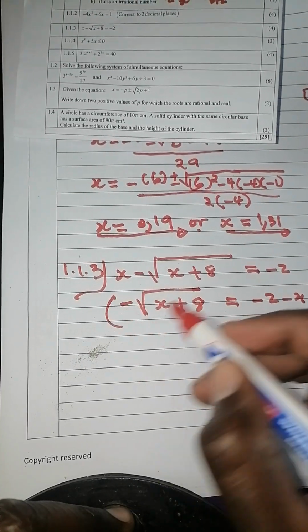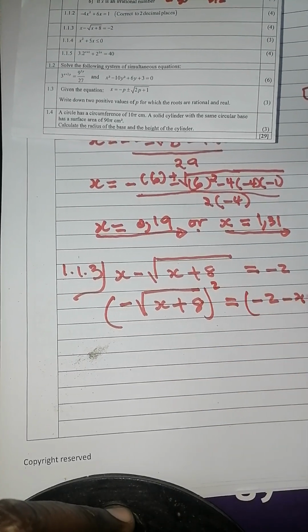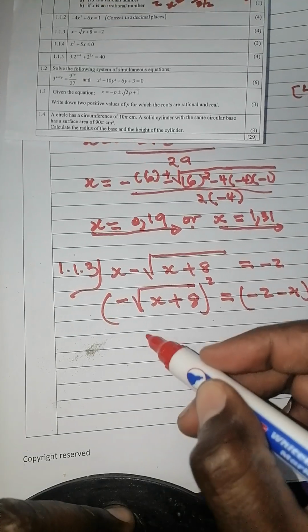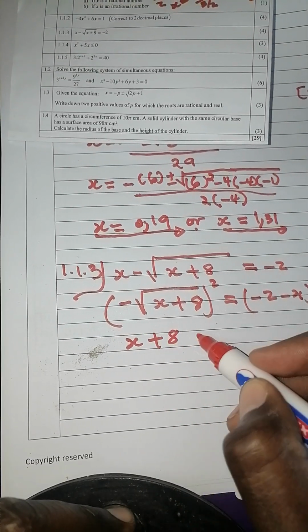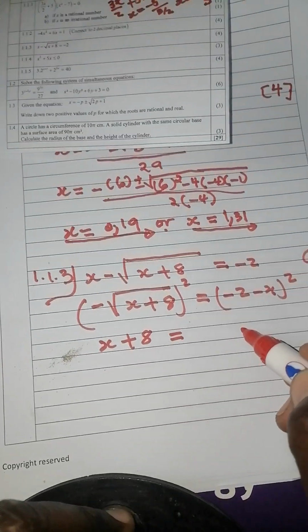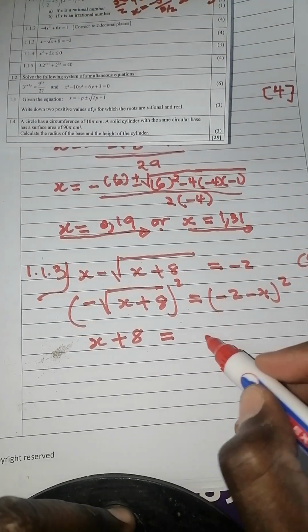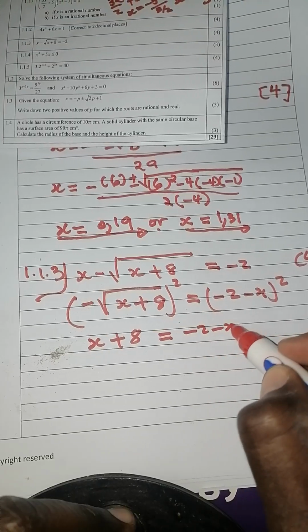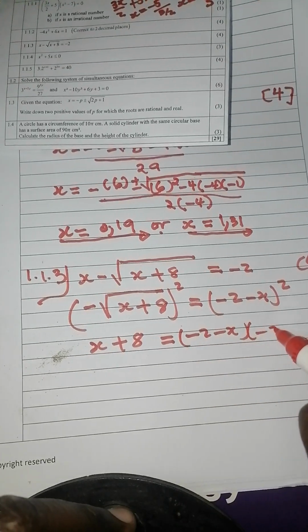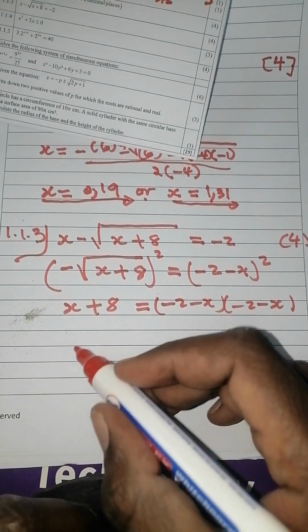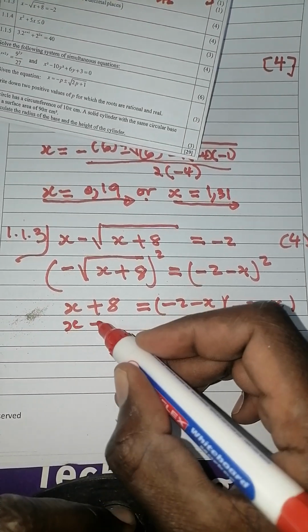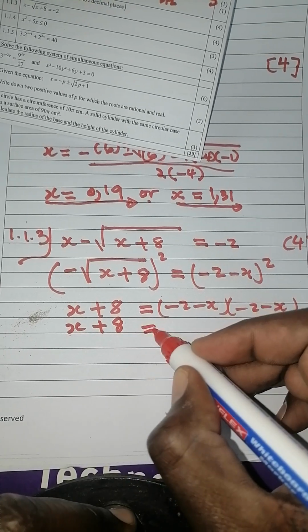Then we're going to square both sides. Squaring both sides gives us x plus 8, which comes off the root sign. On the other side, you're going to have negative 2 minus x, all squared. Then we have x plus 8 on the left.